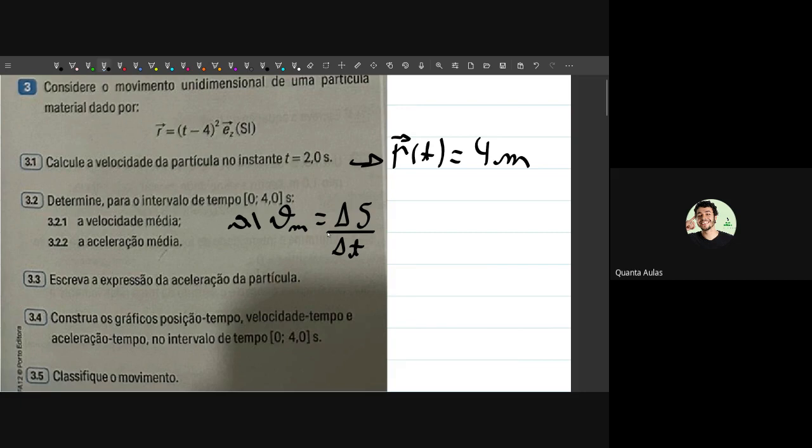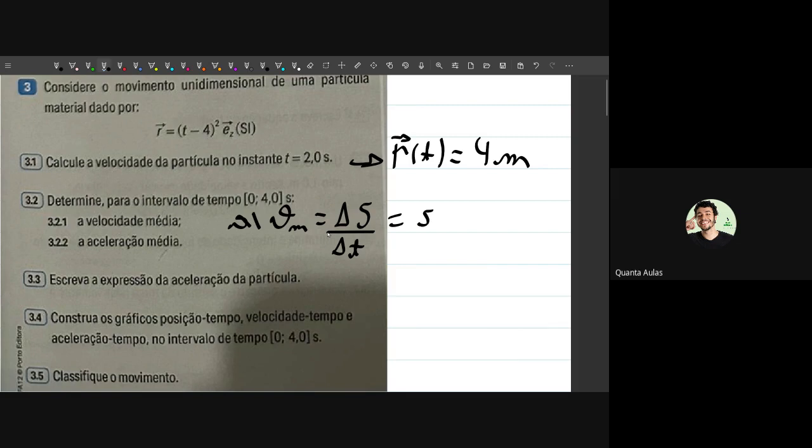So you need to know how much you walk in 4 seconds, but you need to know also where they stay at t equals 0.